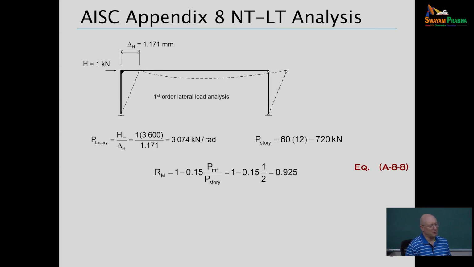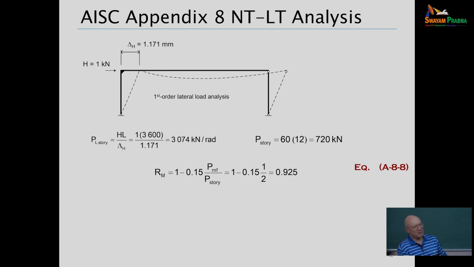All right, with the procedures with the P large delta with side sway that we've just been walking through, we need the R sub m. And for this frame, there is generally an overturning effect that you get if you have a lateral load on a system like this. It changes your column axial forces a bit.